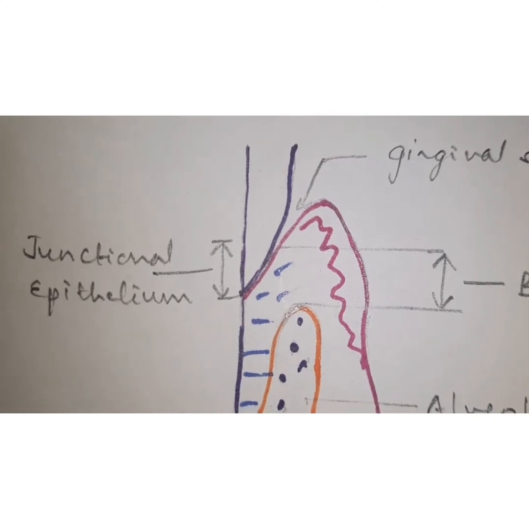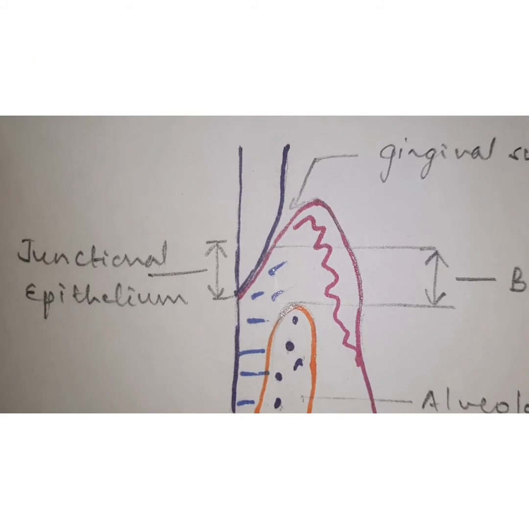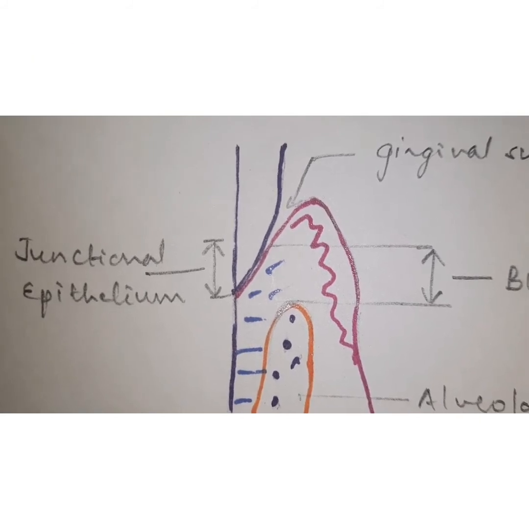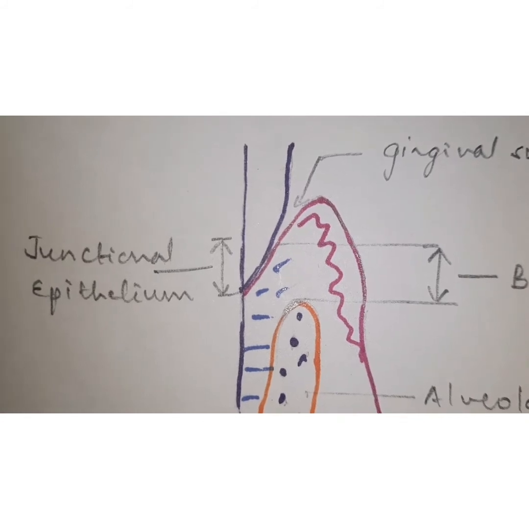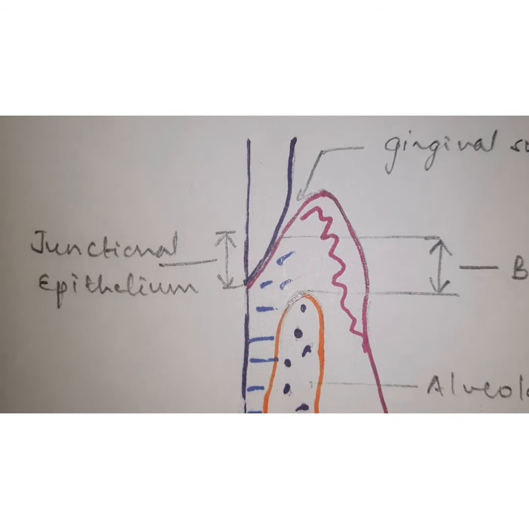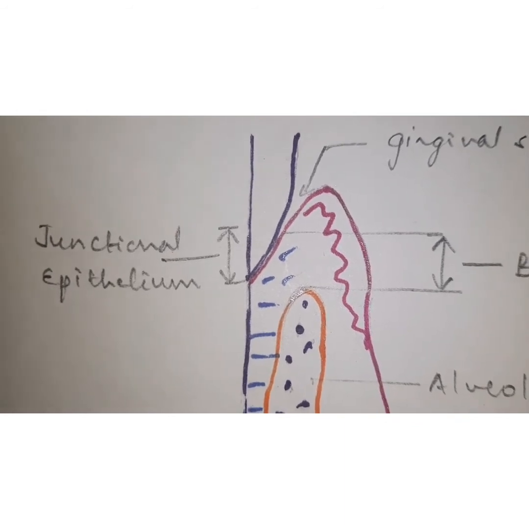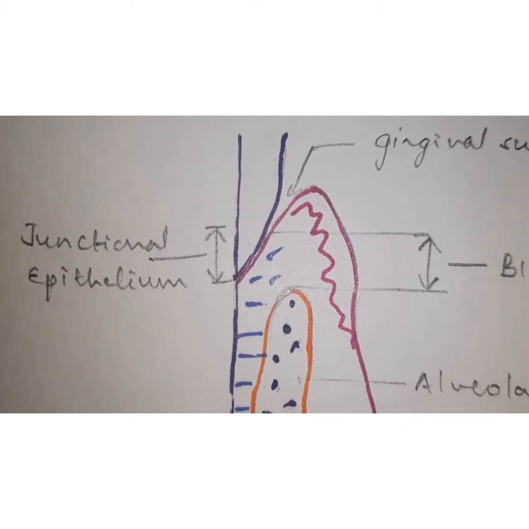Another factor is the margin placement. That is, whenever you are doing a preparation, the finish line which you give should be above the gingival sulcus. That is, it should be supragingival and not subgingival or equigingival. Because of aesthetic reasons, sometimes we give an equigingival margin, but whenever possible, you should always give a supragingival margin.